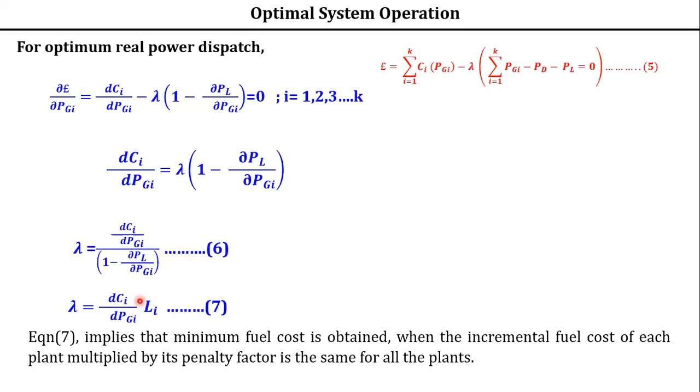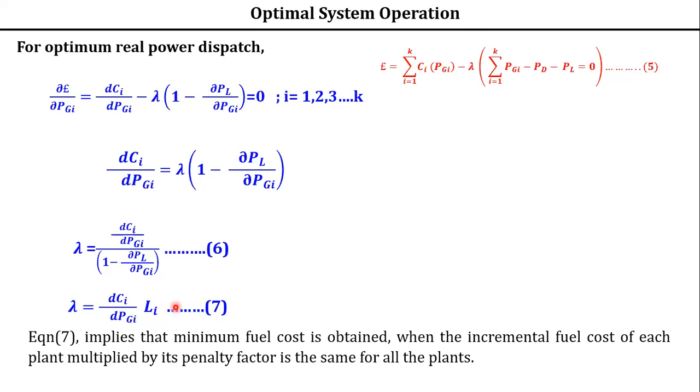Now losses you have considered, so you are getting the incremental fuel cost multiplied by a penalty factor remaining the same for all the plants. That means dC1/dPG1 into L1 is equal to dC2/dPG2 into L2 is equal to dC3/dPG3 into L3, etc. That means all the incremental fuel costs multiplied by the penalty factor will remain the same for all the plants. This is equation 7.